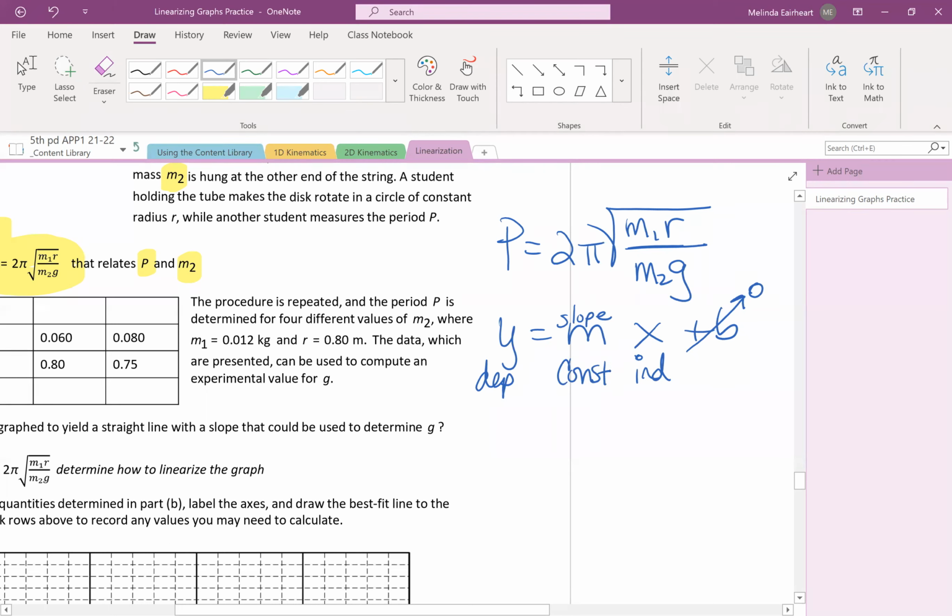So I need to group all my physics experiment constants together in the placeholder there. It's already solved for p, period, which is a time. What do you think? Is mass or time going to be dependent or independent? Who's who?